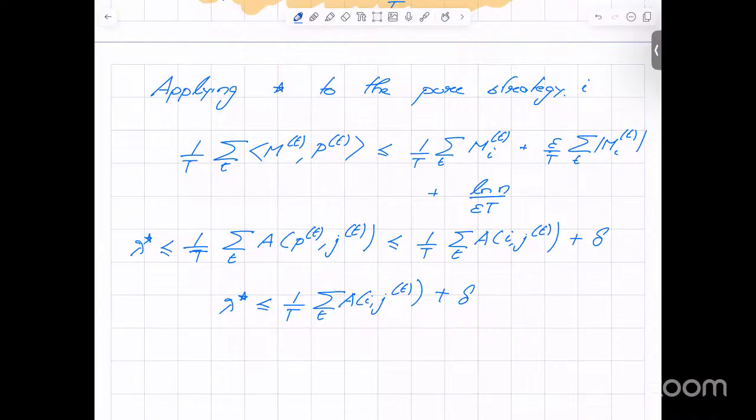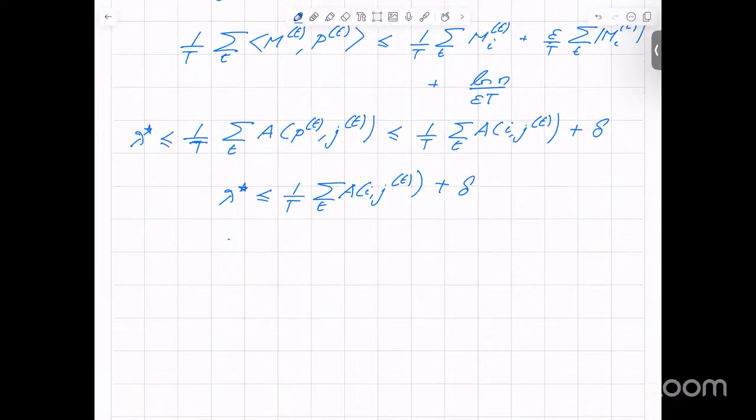I want to claim this is exactly A I Q tilde, because JT is being picked according to Q tilde. I am showing that for every pure strategy I, A I Q tilde is greater than lambda star minus delta. Therefore, we have this.